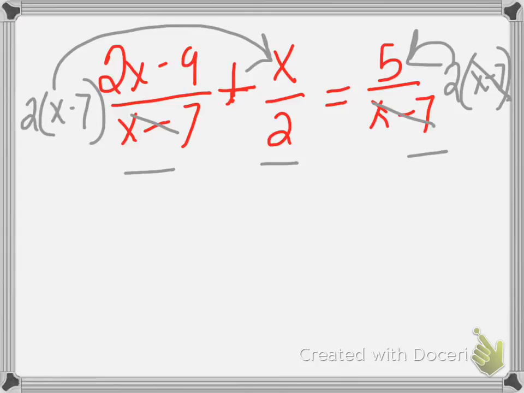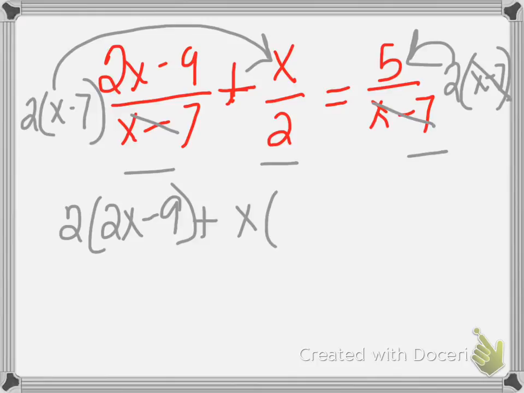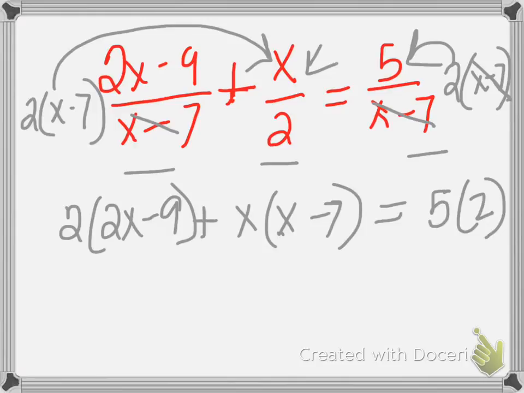So once we distribute that, we end up with 2 times 2x minus 9 plus x times x minus 7, because all we eliminated from this was the 2, equals 5 times 2.